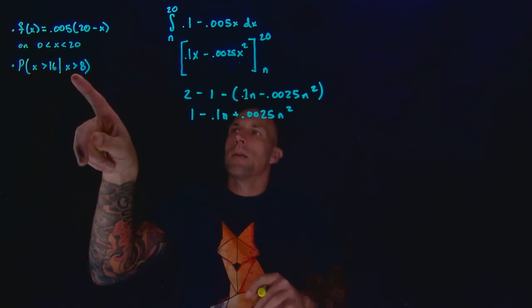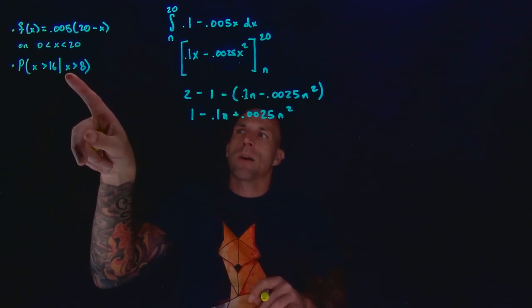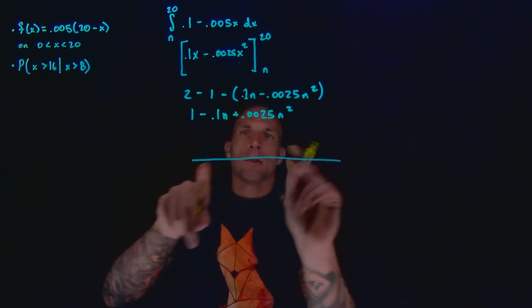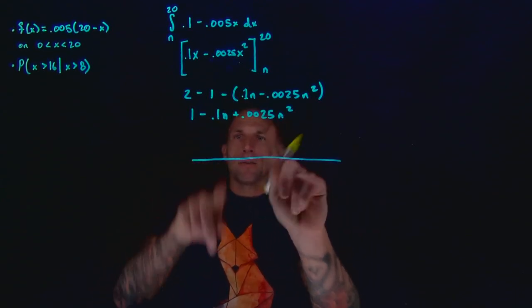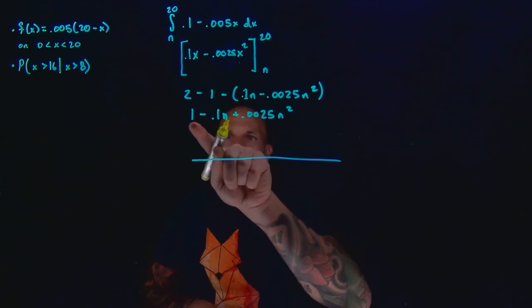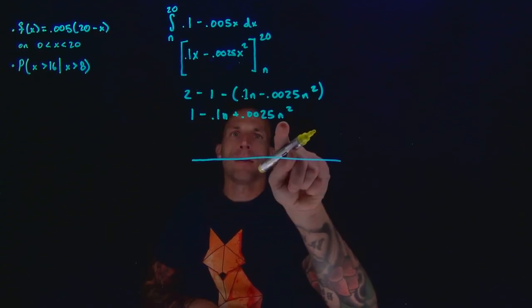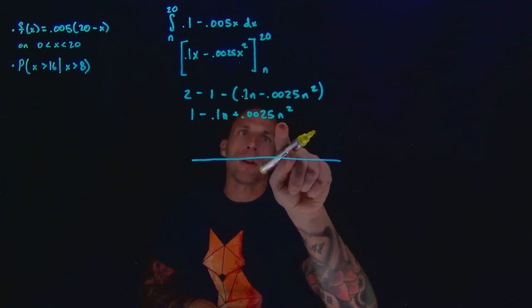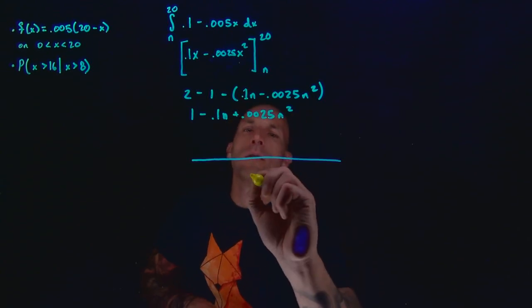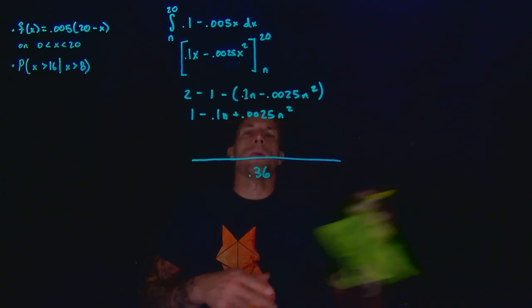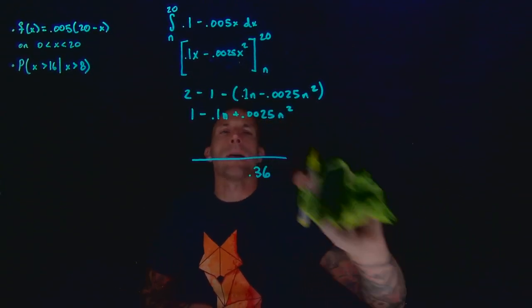So the condition is that x is greater than 8. So that becomes our denominator. So we plug in 8 here. And if you do 1 minus 0.1 times 8, so plugging in 8 for n, plus 0.0025 times 8 squared, you get 0.36. So I'm going to simplify it out here instead of writing out every little bit.